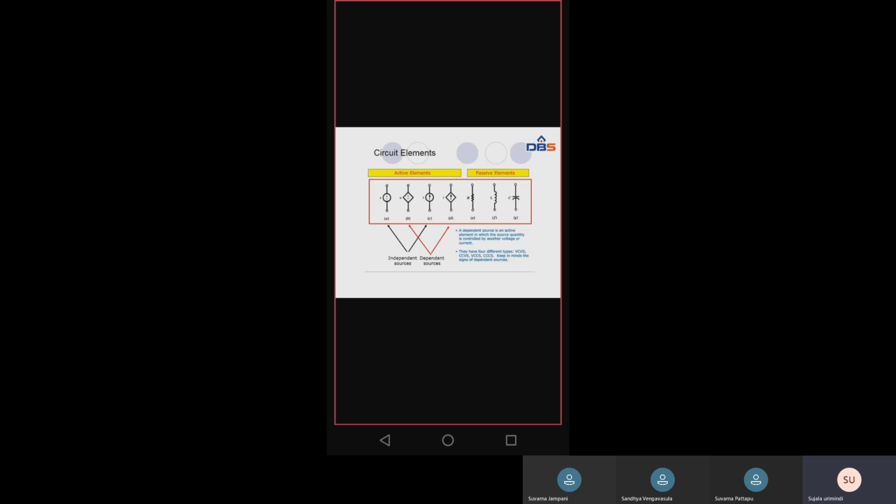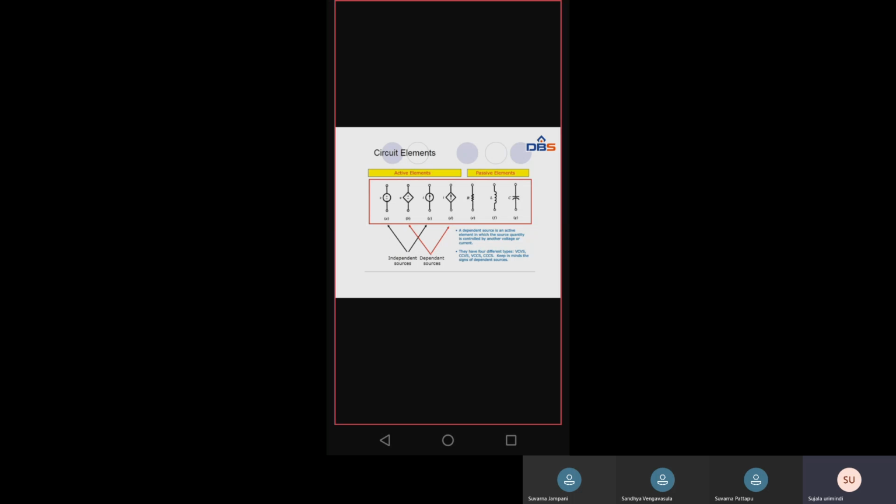VCVS, the voltage controlled voltage source: one voltage is controlled by another. CCVS, the current controlled voltage source: a current controls a voltage source. VCCS, the voltage controlled current source. CCCS, the current controlled current source: one current is controlled by another.